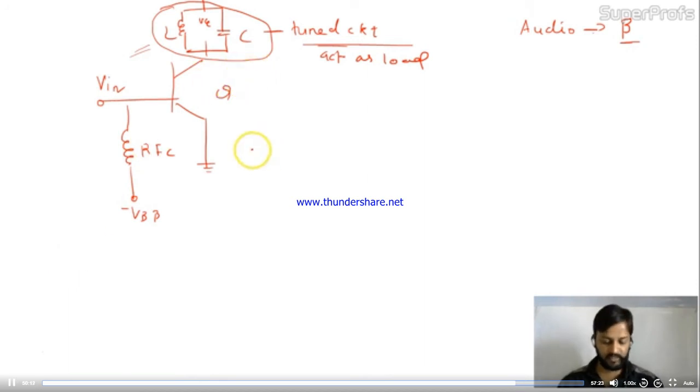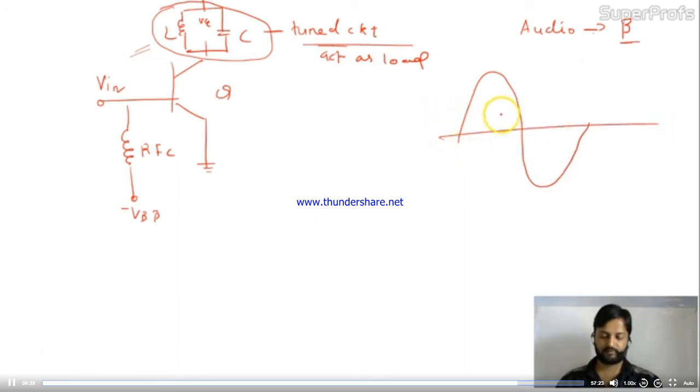Now, in the class C amplifier, the output will be like this. If I take this V in like this, for a small portion like this, I'll get the output. Only this I'll get at the output, because the maximum distortion is coming over here, right?